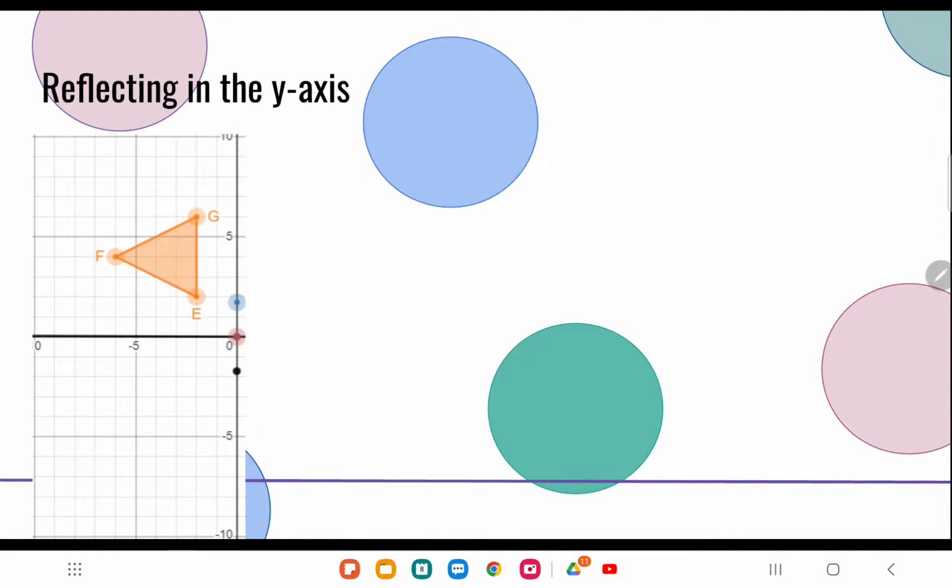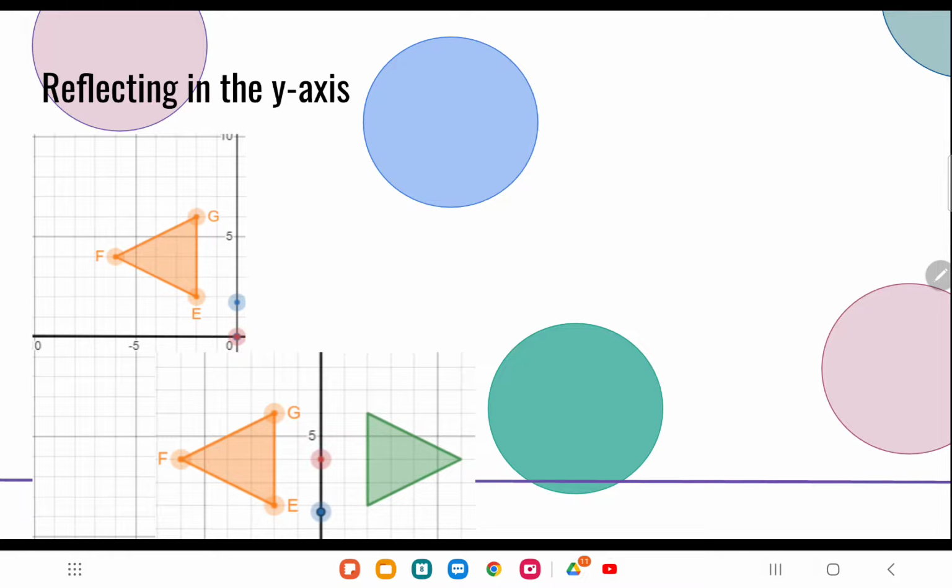If we reflect in the y-axis, that is the line x equals 0, things will change in a slightly different way. Once again, we're starting with triangle EFG, and reflecting across the y-axis, we see that the image here of E, F and G, E prime has gone from negative 2, 2 to positive 2, 2.